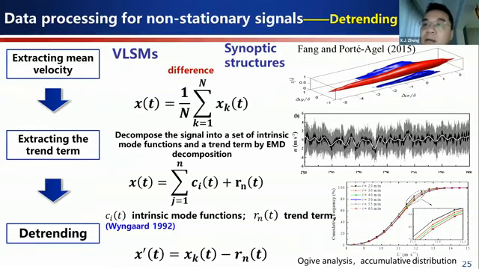Then empirical mode decomposition can be used to extract the trend term from the mean fluctuations. Finally, the trend term can be removed from the original signals, and the detrending is achieved.